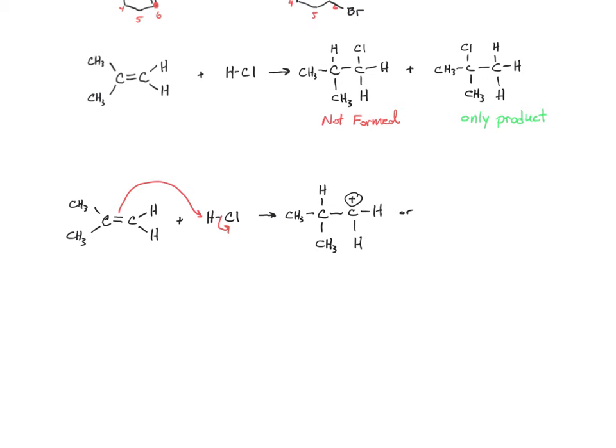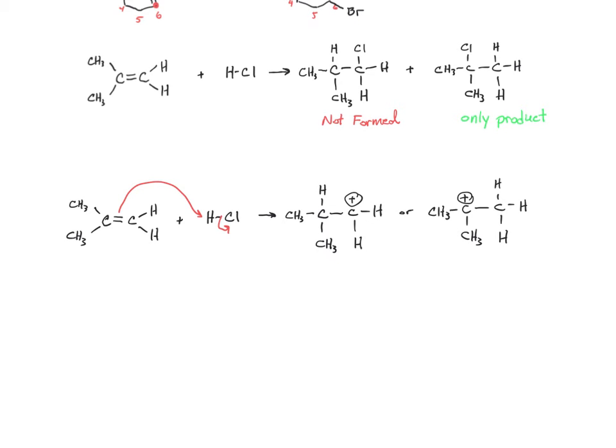The other possibility would be if the hydrogen went to the carbon on the right-hand side. If that happened, the carbon on the left gets the positive charge, and we generate this carbocation intermediate.